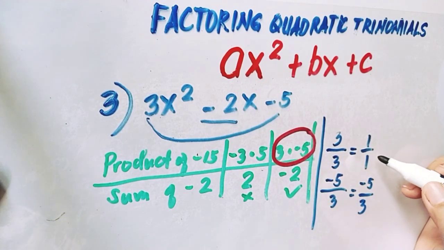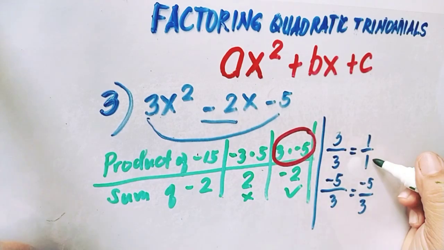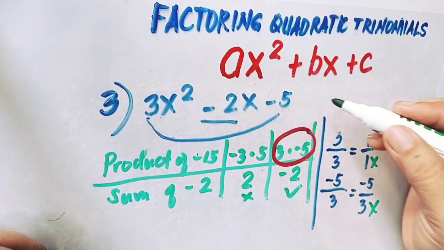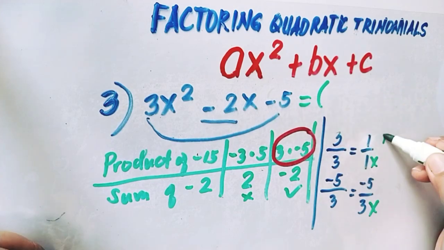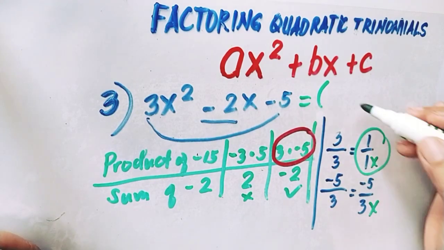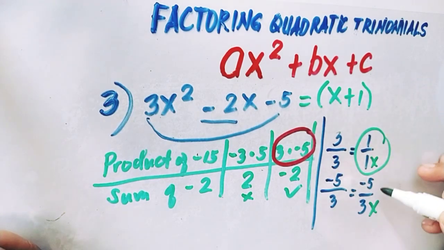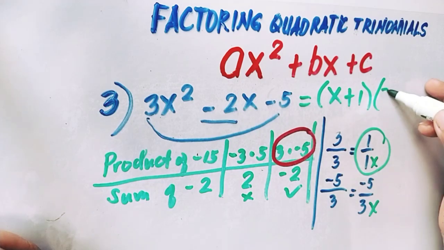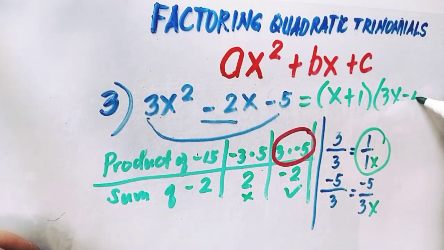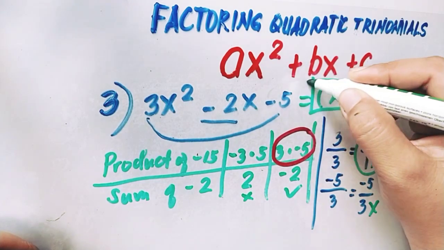And then let's affix now the x on our denominators. So x, x. Therefore, for the first factor, since this is 1, no need to write 1, so it will become x plus 1. And the second factor is 3x minus 5. And these are now the factors of our example number 3.